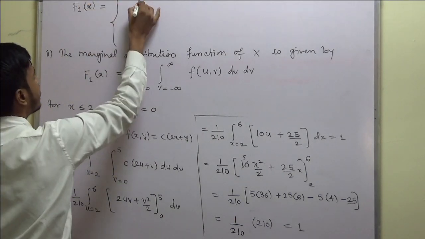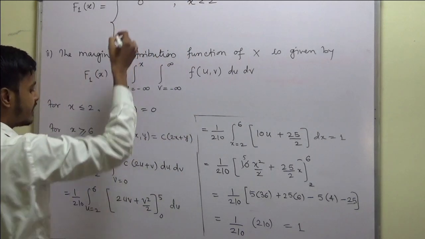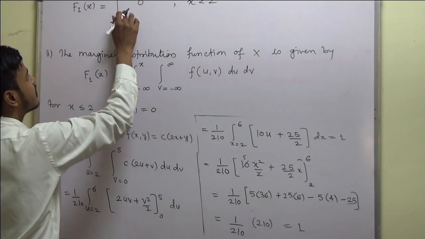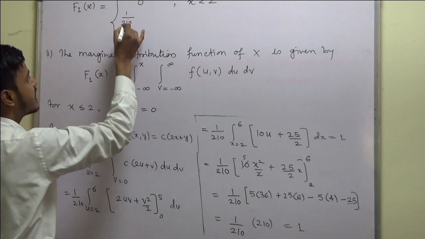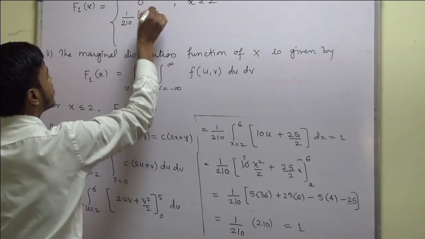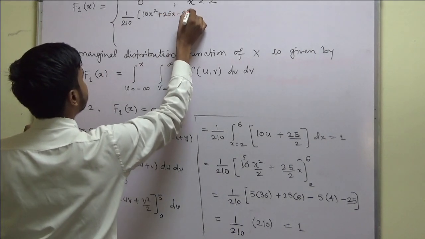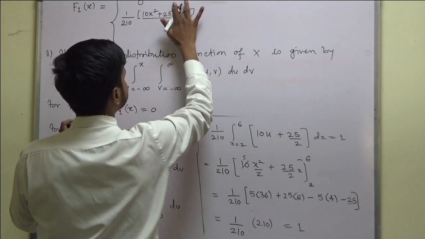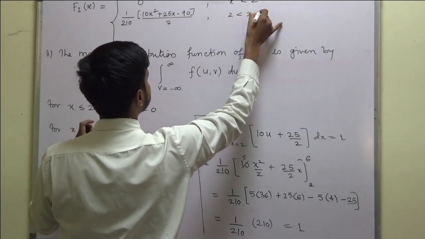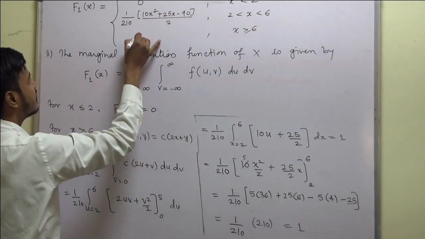It has the value 0 for x less than 2, then 1 upon 210 into 10x square plus 25x minus 90 for 2 less than x less than 6, and for x greater than or equal to 6 we have the value 1.